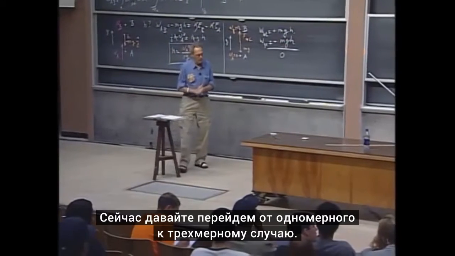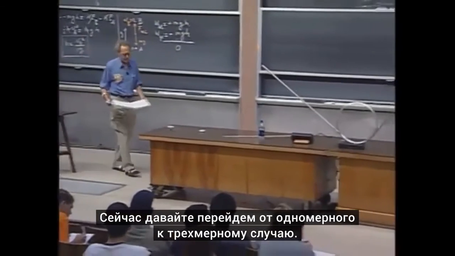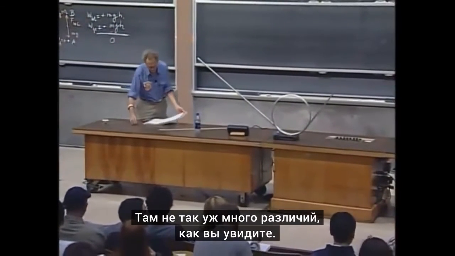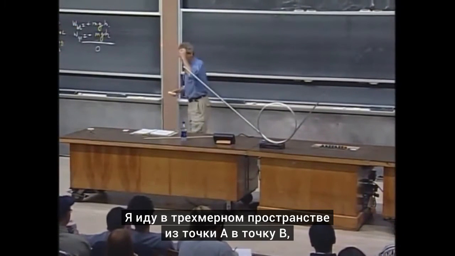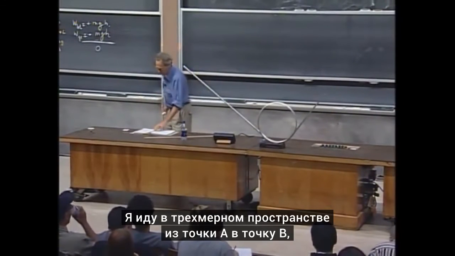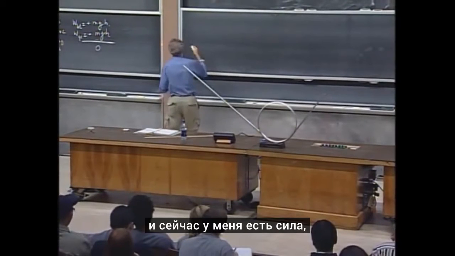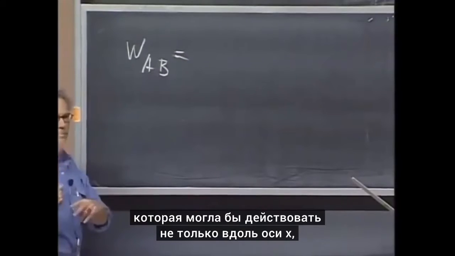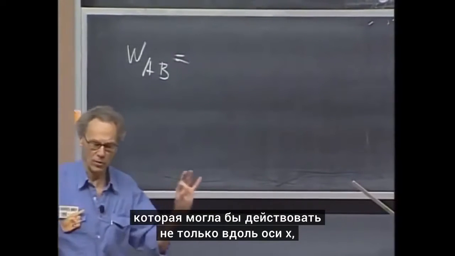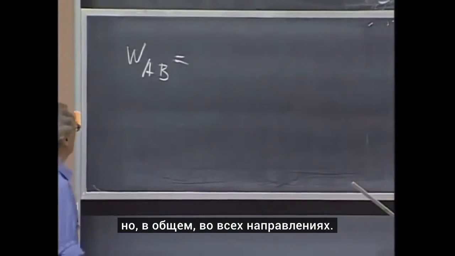Now let's go from 1 dimension to 3 dimensions. It is not very much different, as you will see. I go in 3 dimensions from point A to point B, and I now have a force which could be pointing not just along the x direction, but in general in all directions.